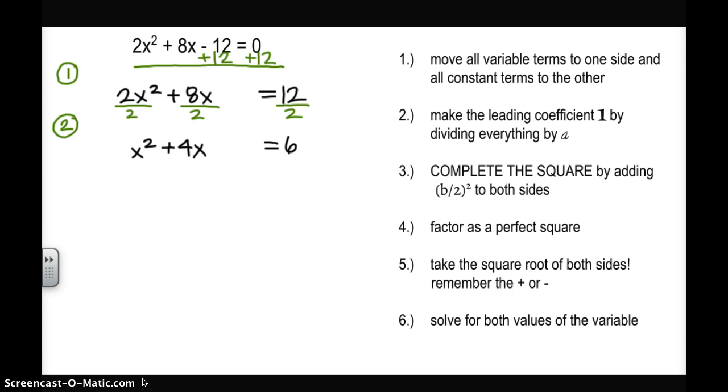Then it says complete the square by adding b over 2 squared to both sides. So we're going to add something here, and if we add it to one side, we have to add it to the other side. Right now b is 4.